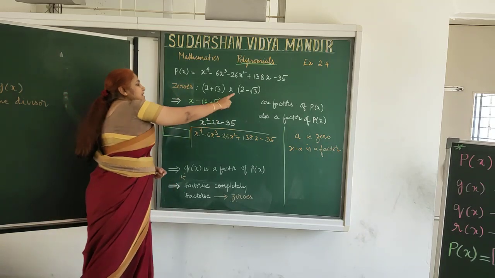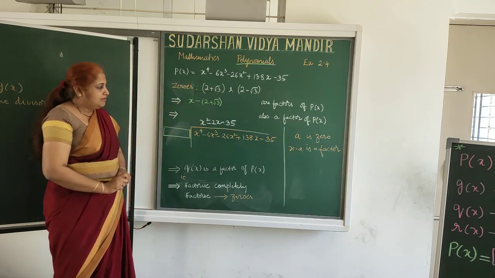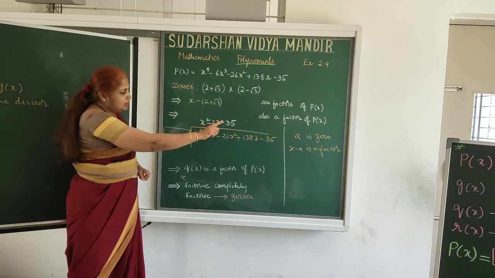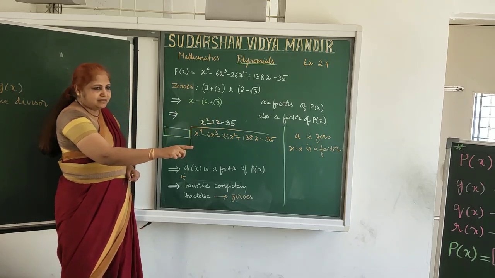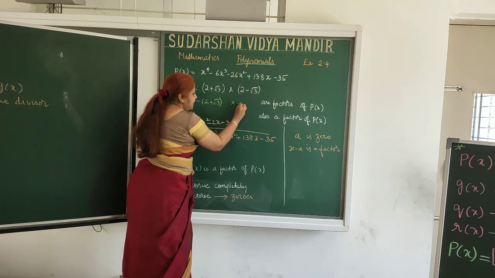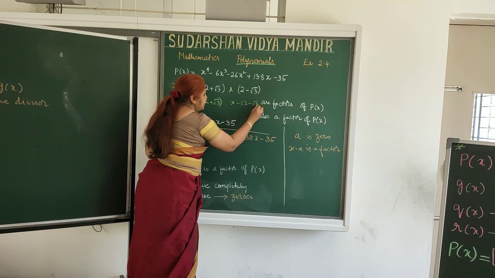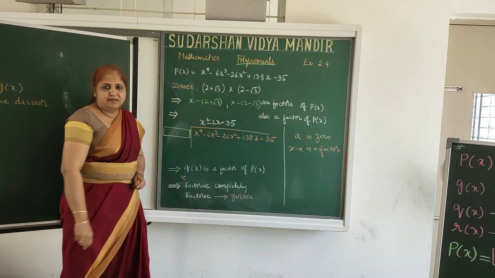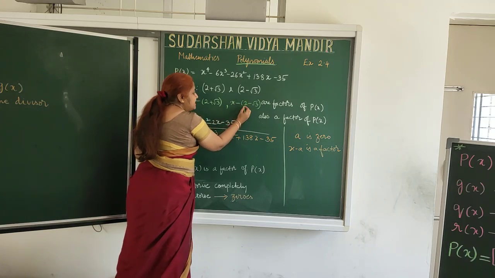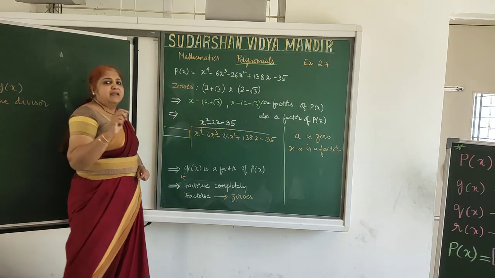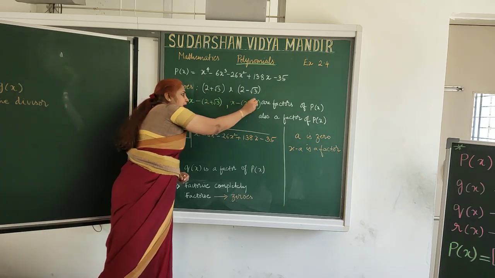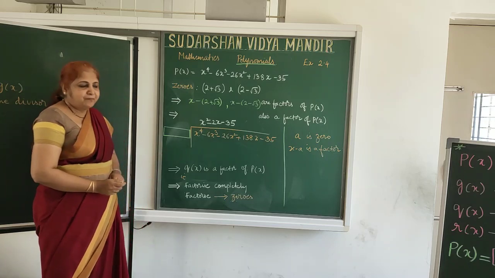And if 2 minus root 3 is a zero, x minus (2 minus root 3) is a factor. Please note that the minus sign is before this complete term 2 minus root 3. Hence, it is necessary for you to have a bracket here.